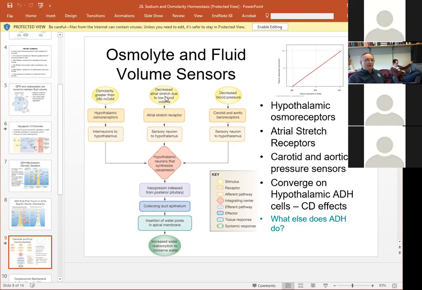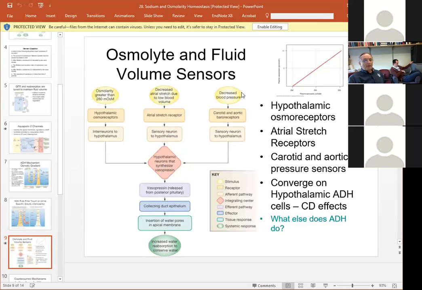Also, if atrial stretch receptors detect a low blood volume, they will stimulate the release of vasopressin. And that's going to help because we will keep more blood volume in response to, say, bleeding.